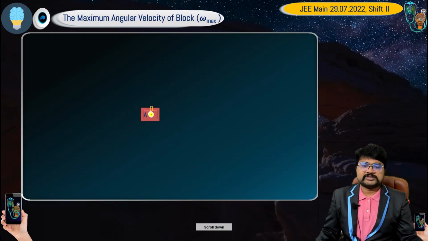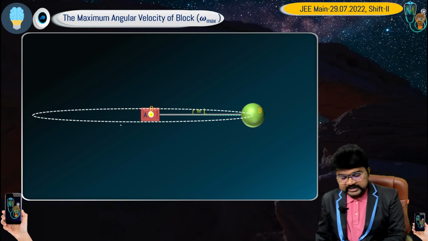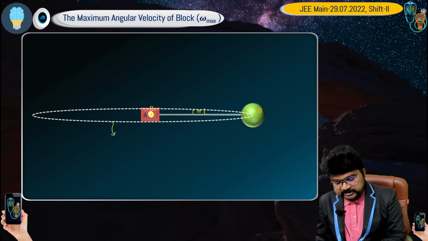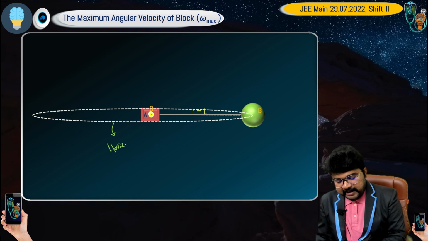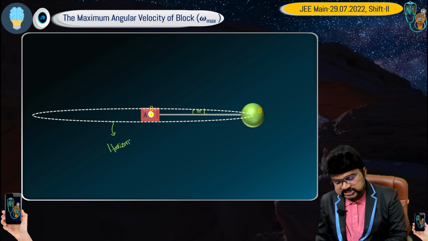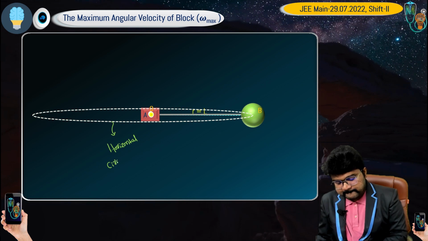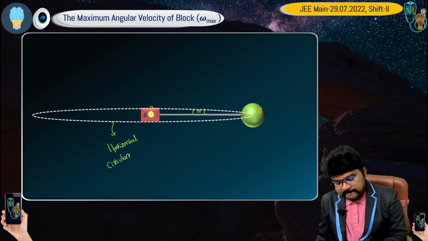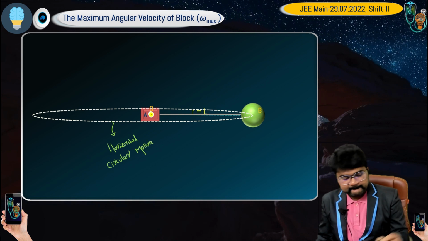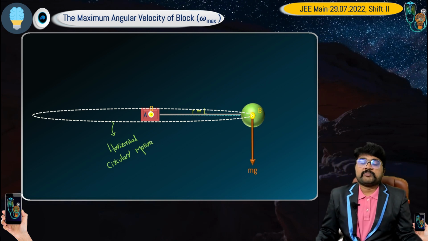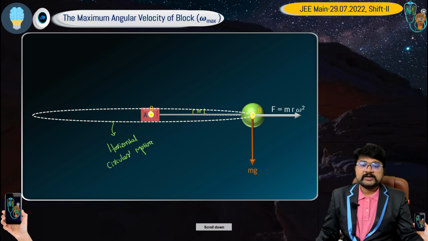Here we will be drawing this: the hinge and horizontal circular motion. The block is in horizontal circular motion at the maximum angular velocity condition. The weight of the block always acts in the vertically downward direction.